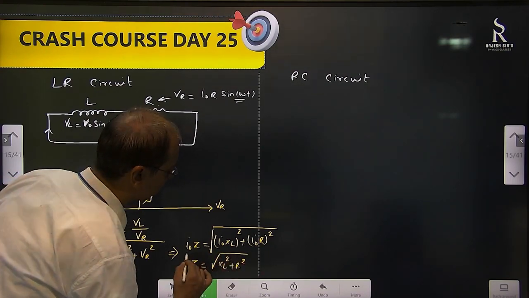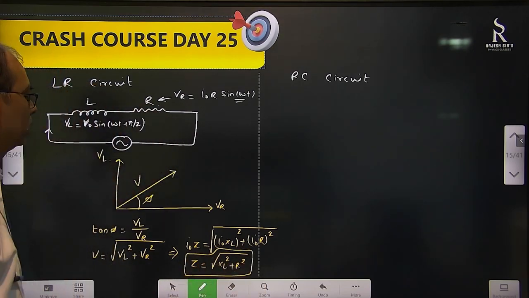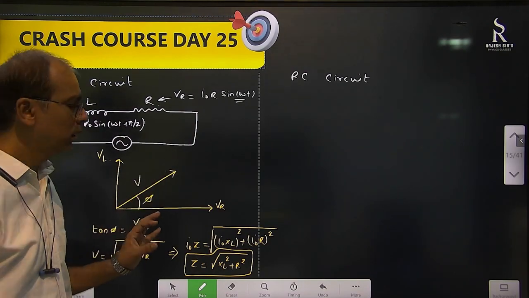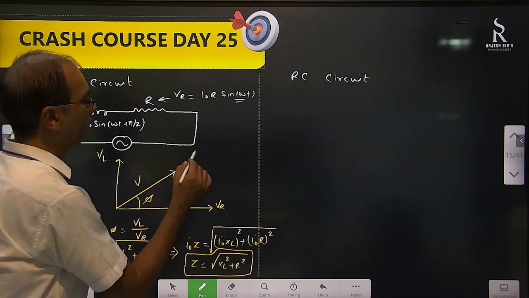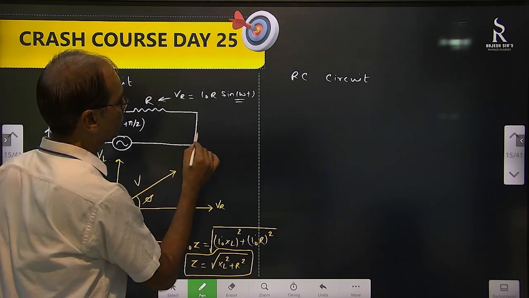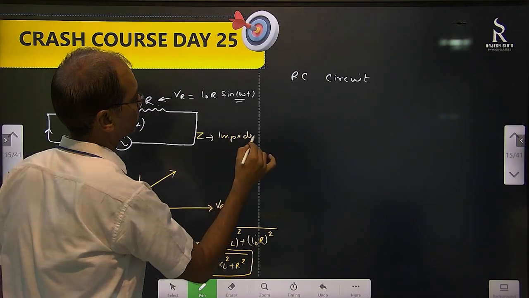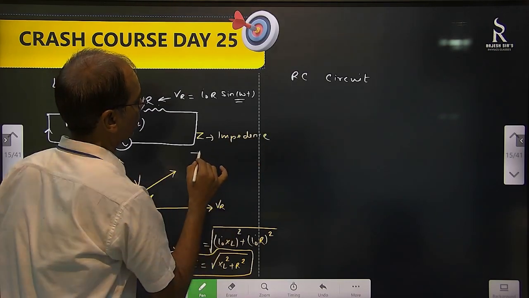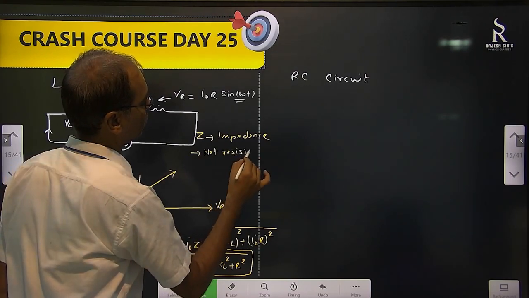Now this Z is called impedance. That means the net resistance of an AC circuit we represent in terms of impedance.